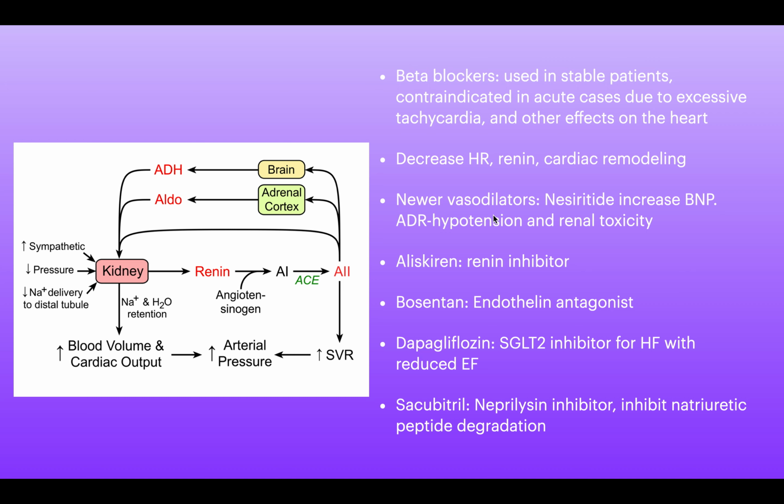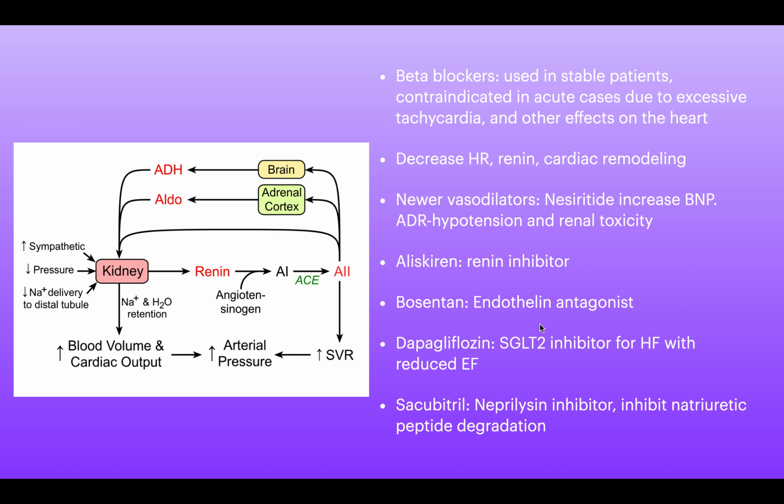The newer vasodilators, nesiritide, will increase BNP, so that's good. More vasodilators. The adverse drug reaction is going to be hypotension, of course, but renal toxicity is something that we need to watch out for. Aliskiren is the renin inhibitor, but there are a lot of CNS effects, so not that popular.